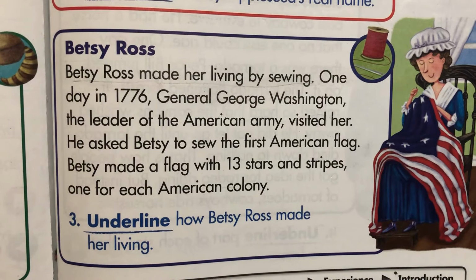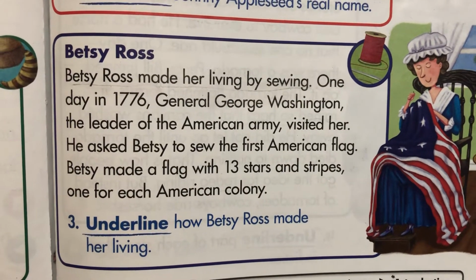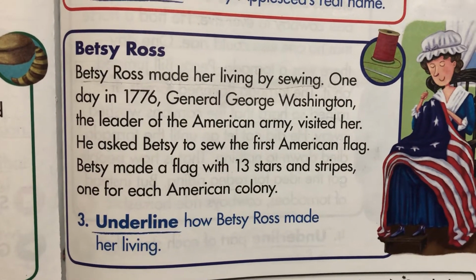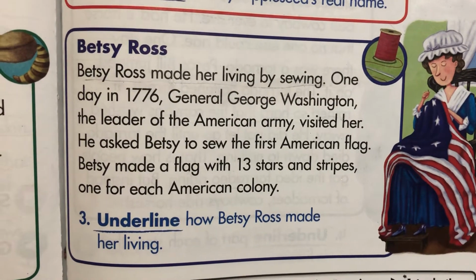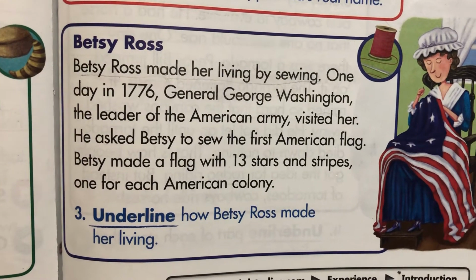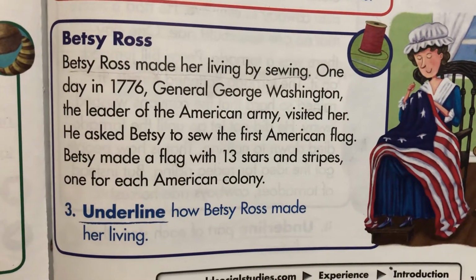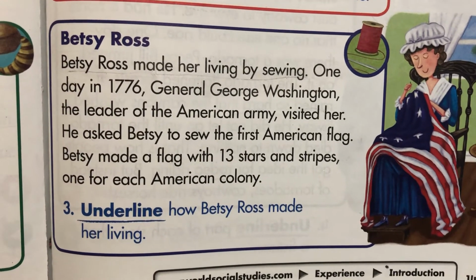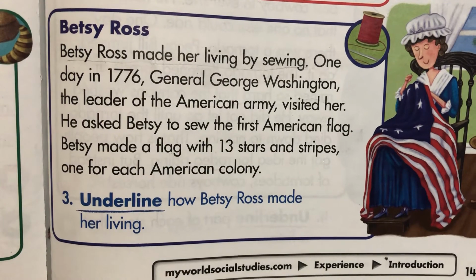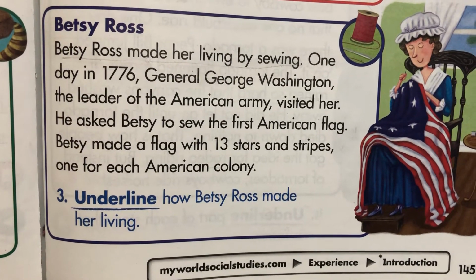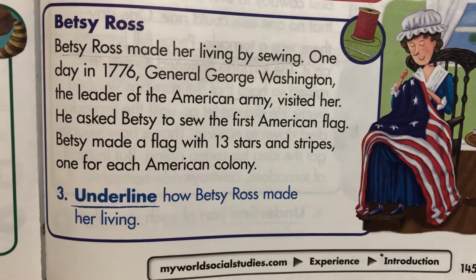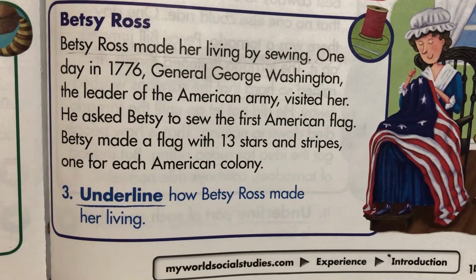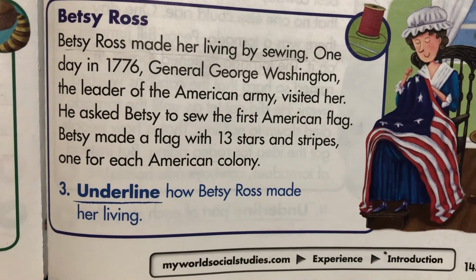Betsy Ross made her living by sewing. One day in 1776, General George Washington, the leader of the American Army, visited her. He asked Betsy to sew the first American flag. Betsy made a flag with 13 stars and stripes, one for each American colony. So for number 3, write how Betsy Ross made her living.